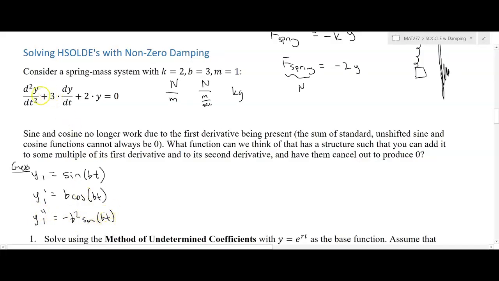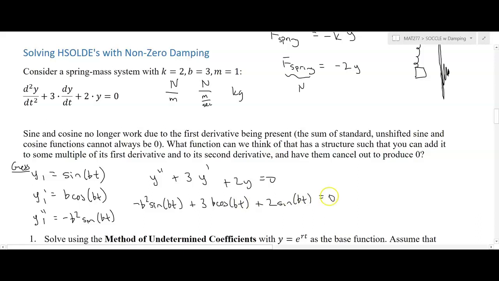Now the problem we're going to have when we plug these components in is that we have a mixture of sines and cosines. So y double prime plus 3y prime plus 2y is -b squared sine of bt plus 3b cosine of bt plus 2 sine of bt equals 0, and there's no way these can add up to 0, because the basic sine function looks like this, but the cosine function looks like this.